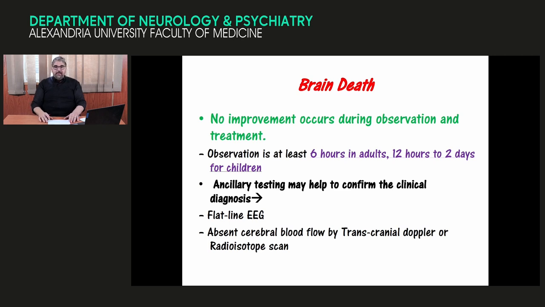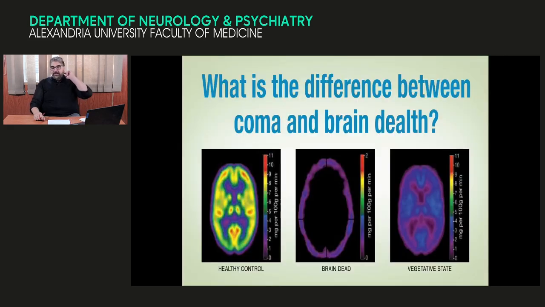If by transcranial Doppler we don't find any sign of blood flow in all these arteries, it will help in diagnosing brain death. And also the radioisotope scan, like in this slide, in which we can differentiate between a normal healthy brain, with perfect blood flow and circulation, and the vegetative state, which will be mentioned in the next slide for sure.